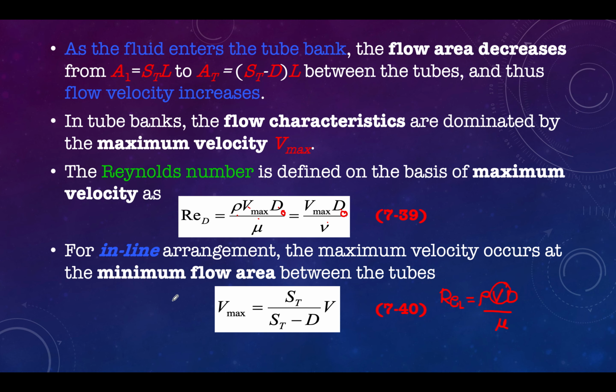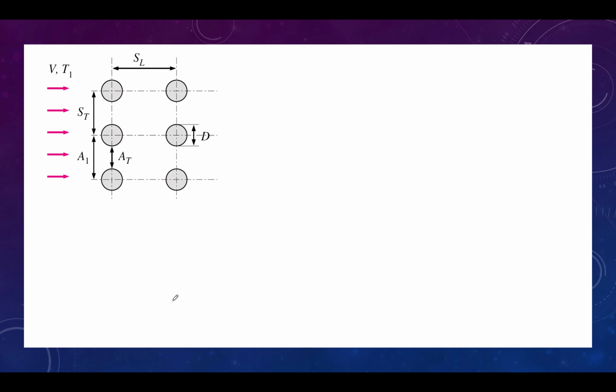For the inline arrangement, the maximum velocity occurs at the minimum flow area between the tubes. So Vmax equals ST over ST minus D times V. Let's see how Vmax becomes like that. From this figure we know that A1 is much greater than AT.